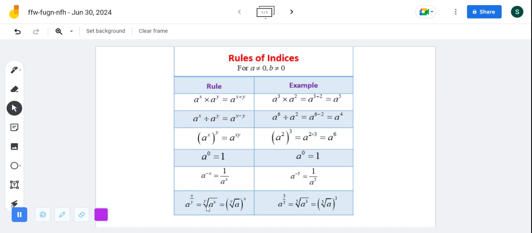We will have the square root, and the bottom factor will go over to the left of the square root, and the top factor will be superscript with the index or indices, and it can equate back to this format. And this is an example.